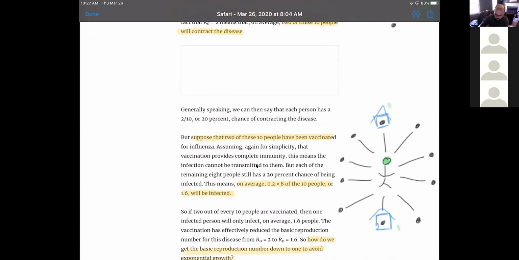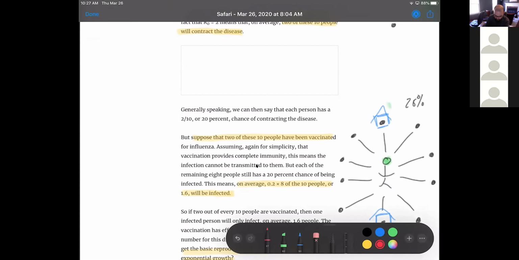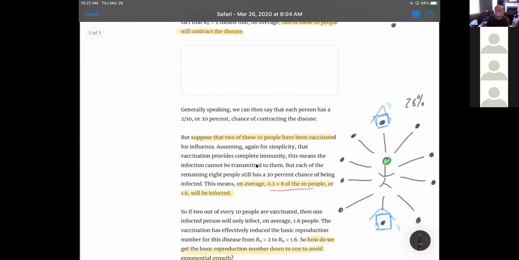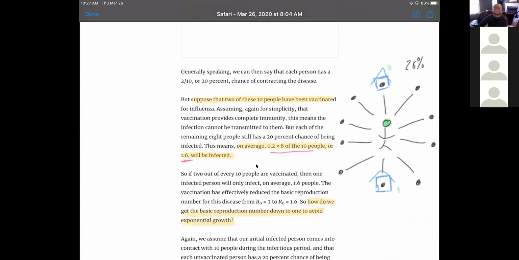Now with 2 people staying home, everybody still has a 20% chance of being infected. So we're not going to have 2 people infected anymore. We're going to have 20% of 8, or about 1.6 people infected. So just by 20% of the people staying home, instead of this R naught of 2, we're going to have this R naught of 1.6. We're going to bring that number down, and 1.6 is better than 2.